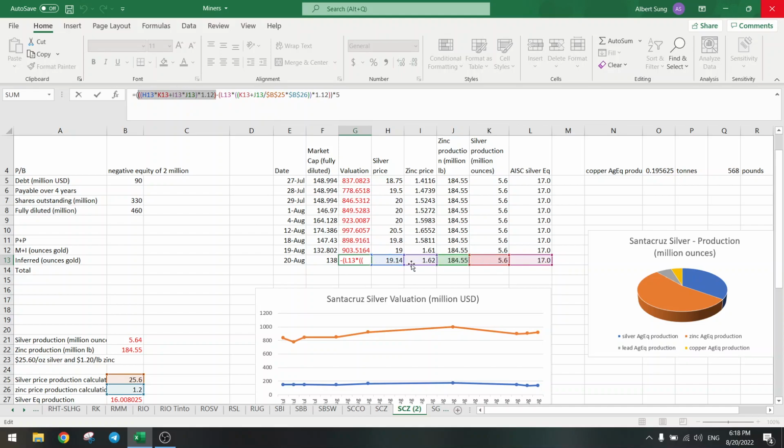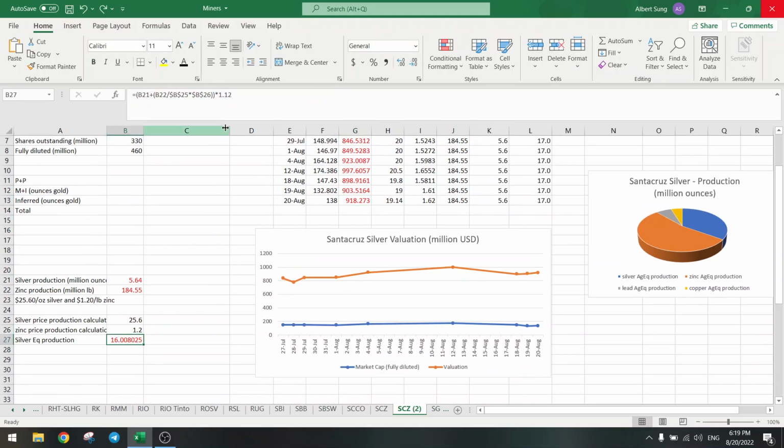Okay, so that's the revenue from silver, right? Plus I13, the zinc price, times J13, the zinc production. So that's the zinc part in the revenue. And then I just multiply by 1.12 to make it easier, and that would give the silver equivalent production.